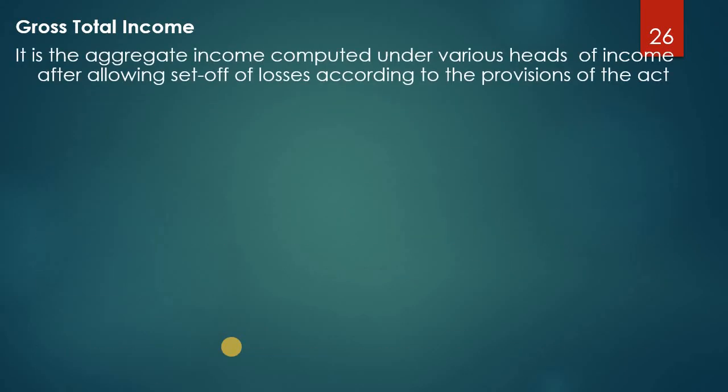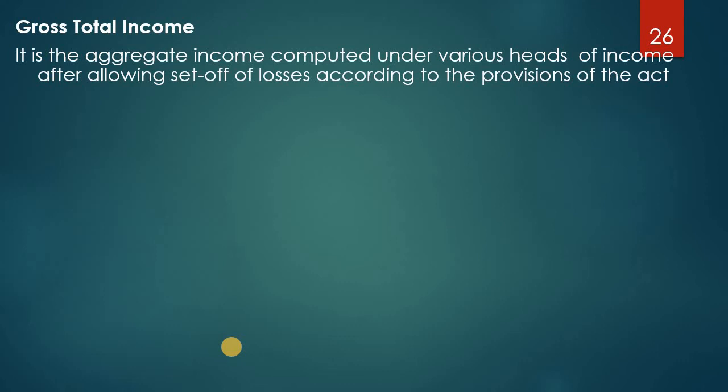Let us go to the next definition, that is gross total income. Gross means an aggregate, not completely total income. Gross total income is the aggregate income computed under various heads of income after allowing set off of losses according to the provisions of the Act.